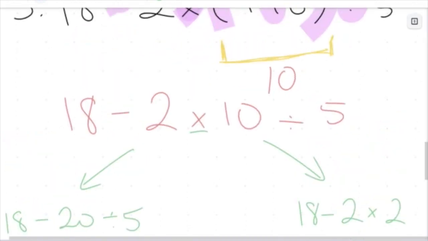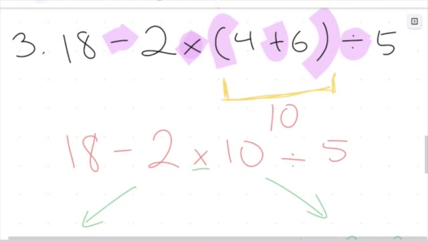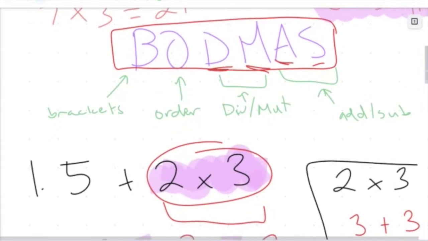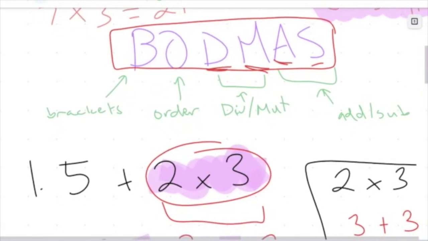So in approaching a massive question like this, when it has every single operation here, we have a systematic approach. Now we can refer to our BODMAS mnemonic that we talked about previously. This is just to remind us which way we want to go.